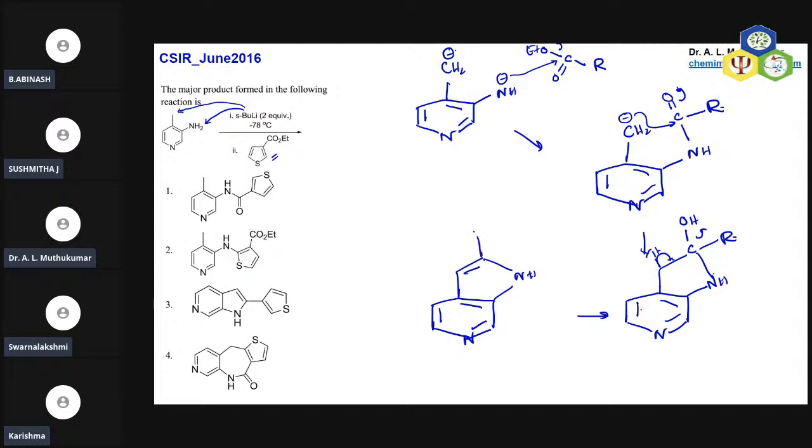Instead of the R group, I'm just drawing the thiophene. The thiophene C3 position is connected here. If you cross check with the answer, option 3 is the right answer. So you can try the mechanism based on this basic explanation.